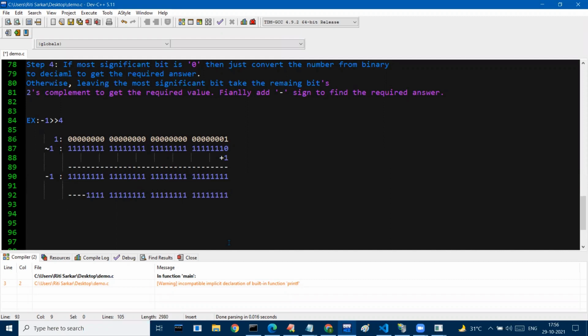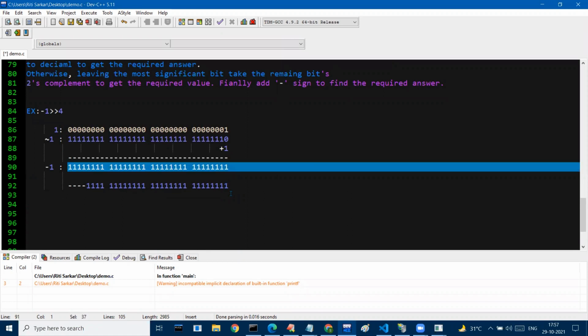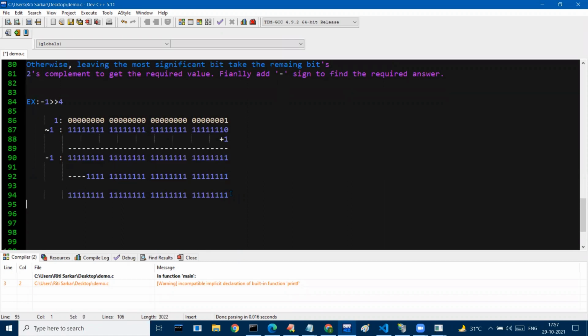Now, here the most important point is, while filling it up, you cannot fill it up with 0 value. With what value you have to fill it up? 1. So once you fill it up, all are 1.